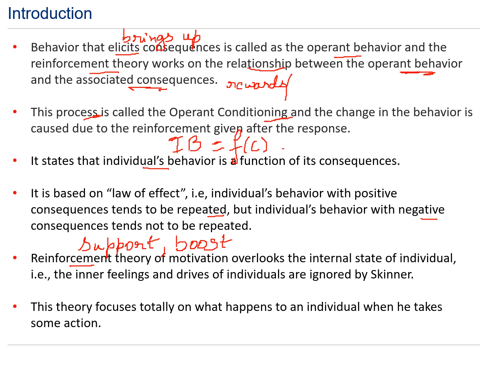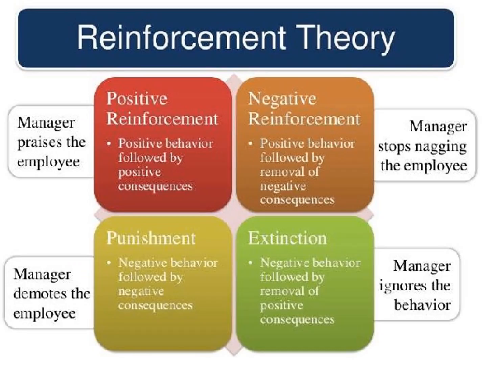Okay, and this theory totally focuses on what happens to an individual when he takes some actions. This model will clearly help us to understand the reinforcement theory, wherein the operant behavior can be associated with any of these four consequences, whether it's positive reinforcement, negative reinforcement, punishment, or extinction.